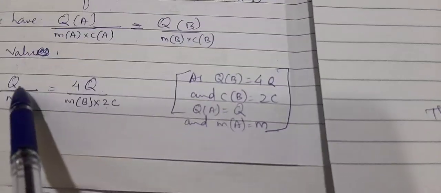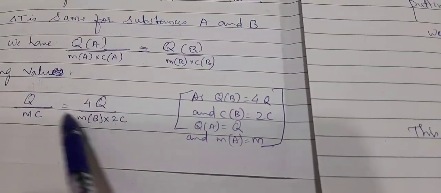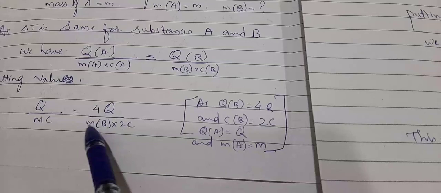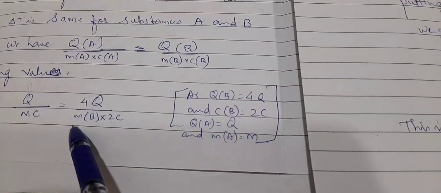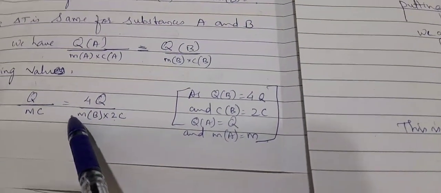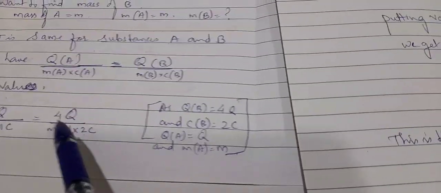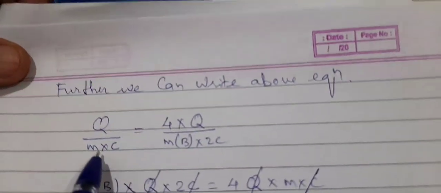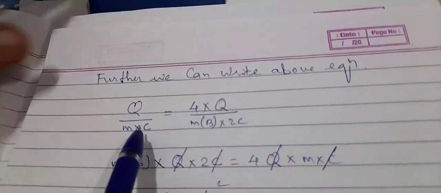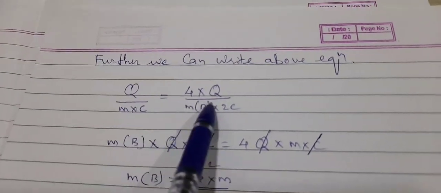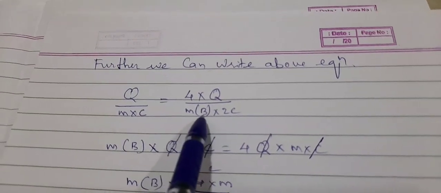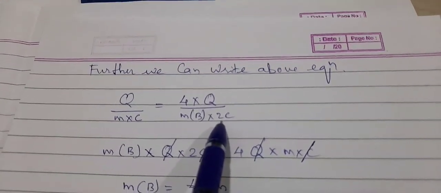So we have all these values. Now we will cross multiply. I have written here Q upon m into C is equal to 4 into Q upon mass of B into 2C.